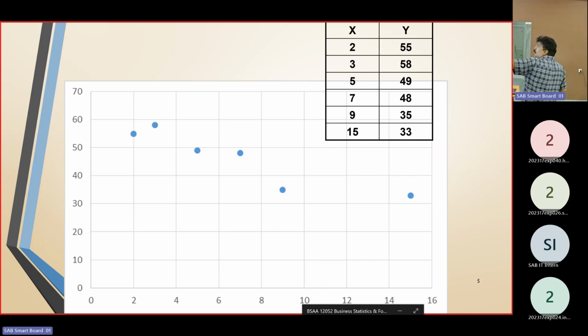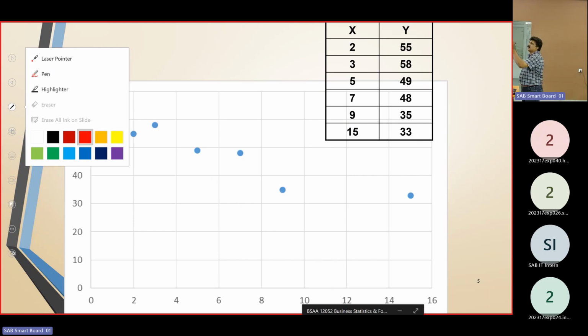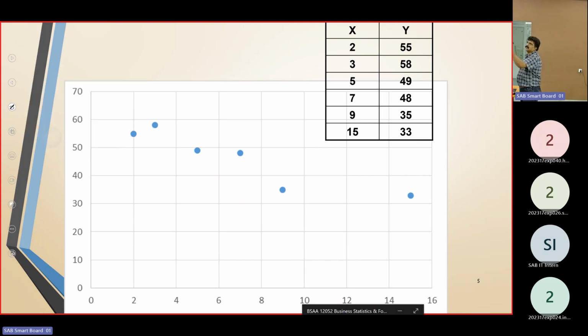So here 255, you mark the point. 358, you mark the point. 549. Likewise, you mark all the points and just leave it. What you get is the scatter diagram.